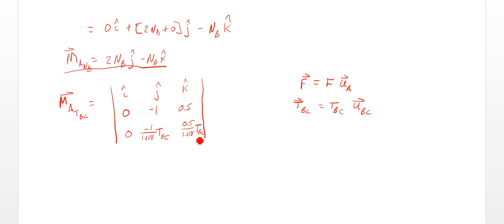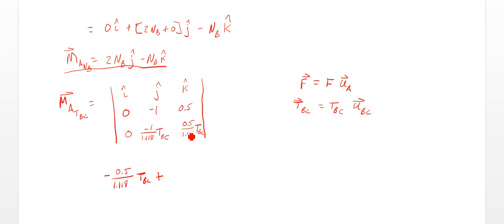So doing our cross product here, we get -0.5 over 1.118 tension BC in the I, and then we're going to subtract. Did I mess that up? Oh, I wrote down the wrong unit vectors here.